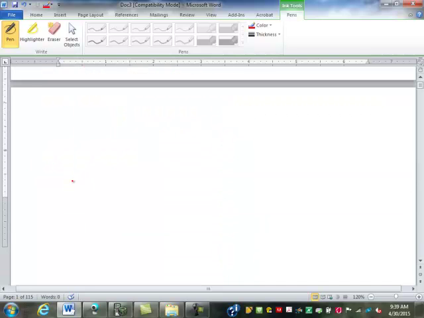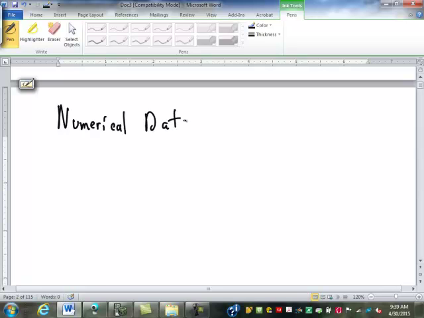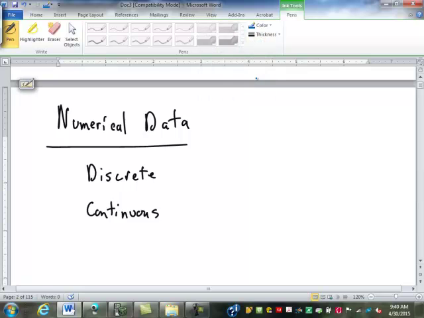Numerical data. When we're talking about numerical data, there are actually two types of numerical data. There's discrete and continuous. Now, there's all sorts of definitions for discrete and continuous.